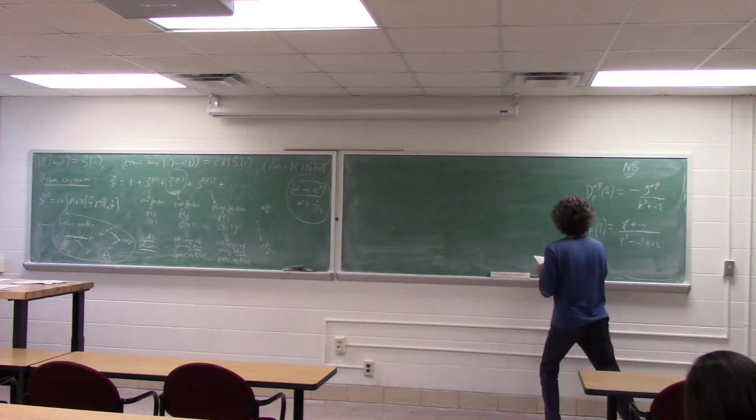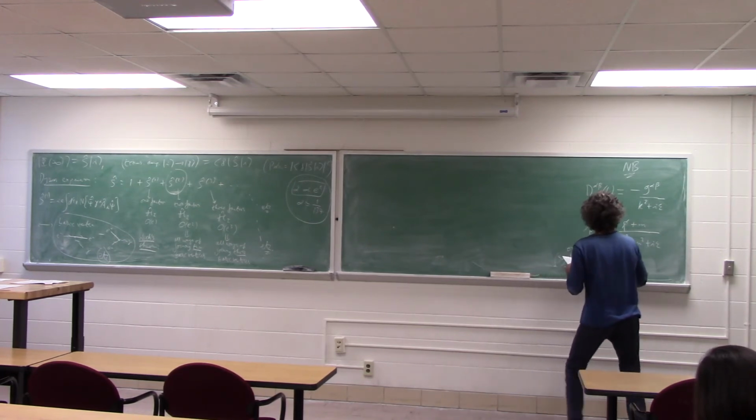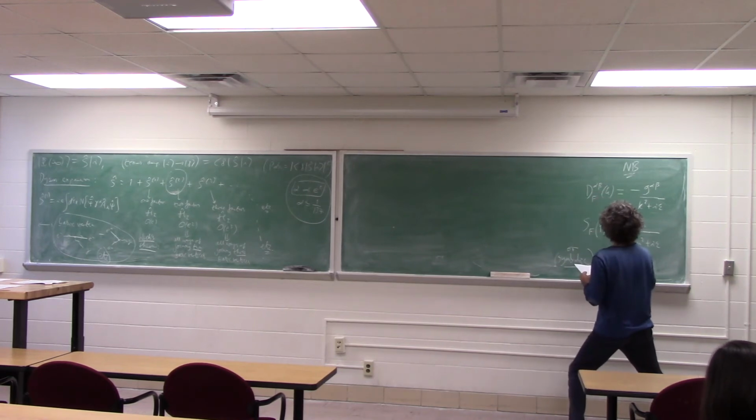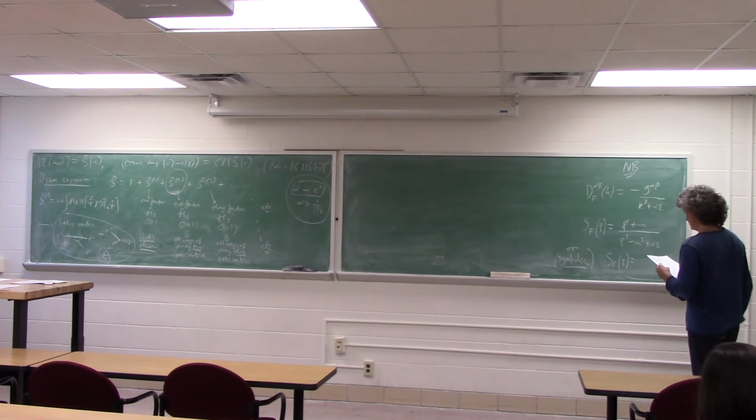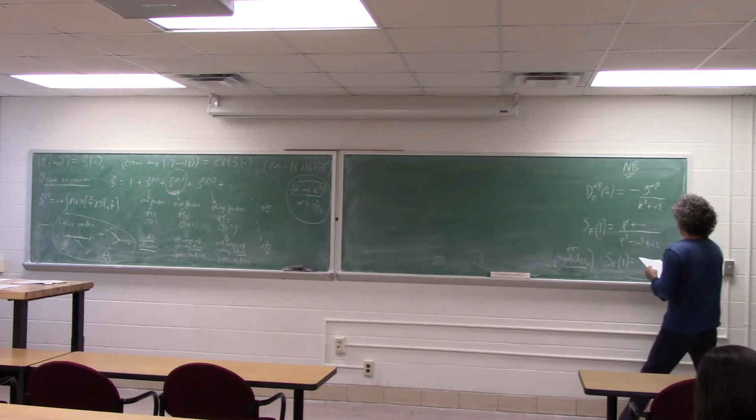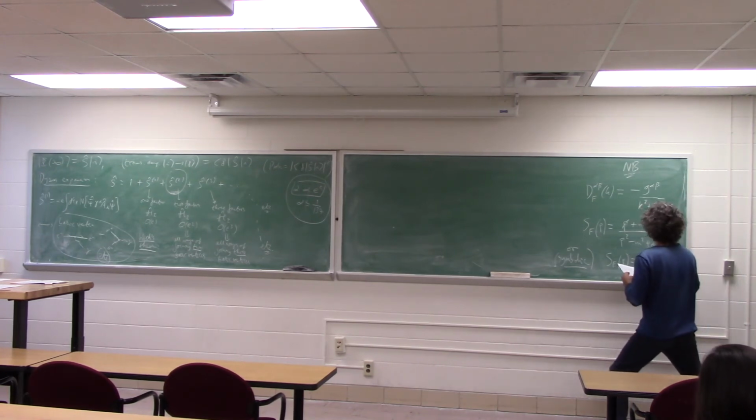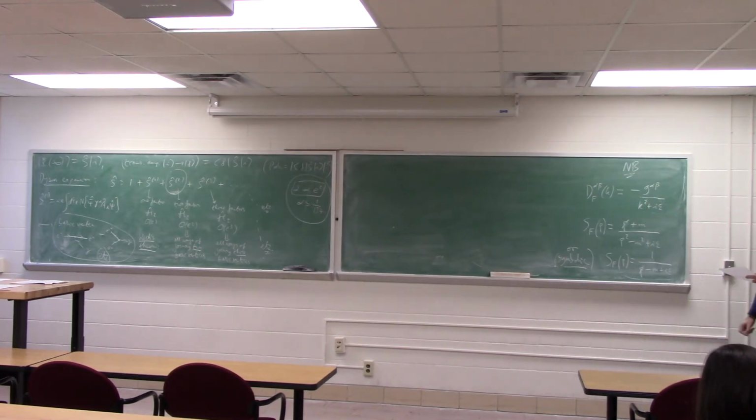Or there's a symbolic shorthand, which I'm going to explain, which writes this as 1 over p slash minus m plus i epsilon.